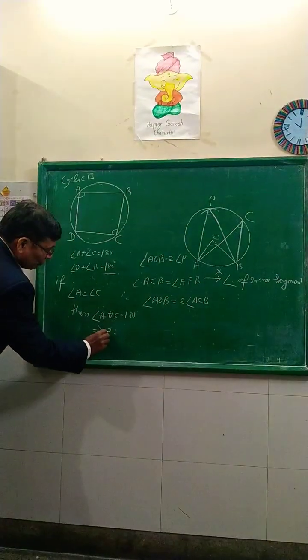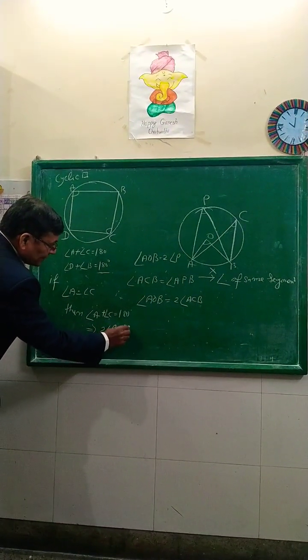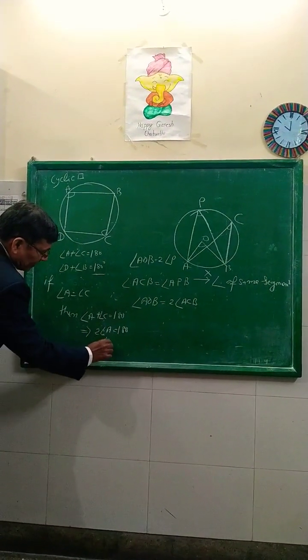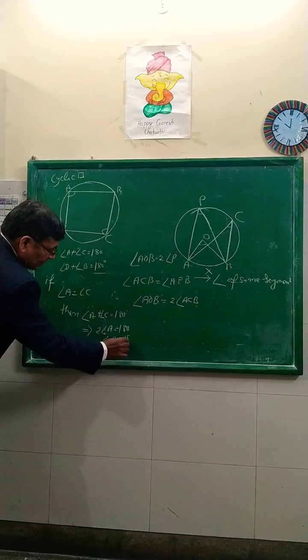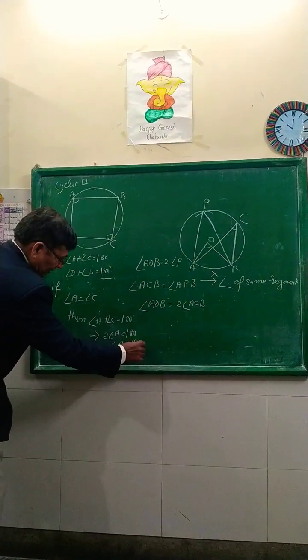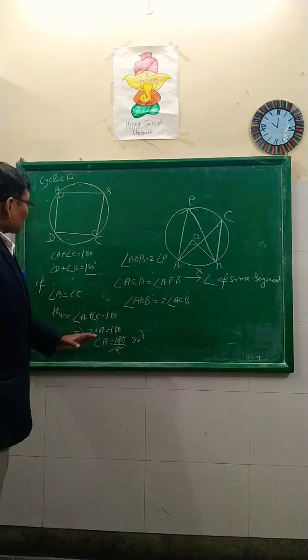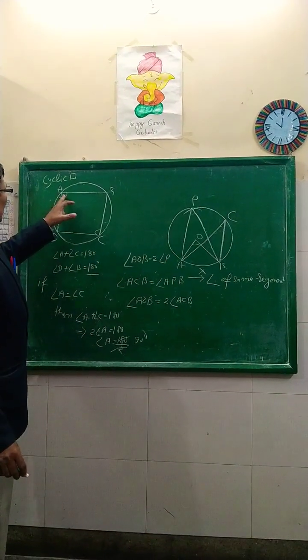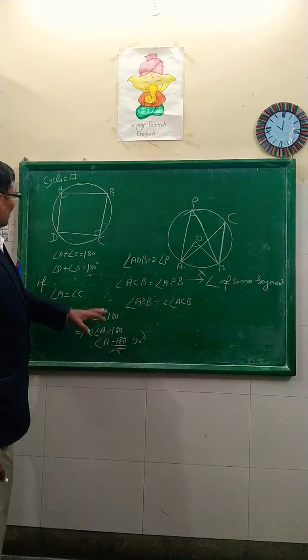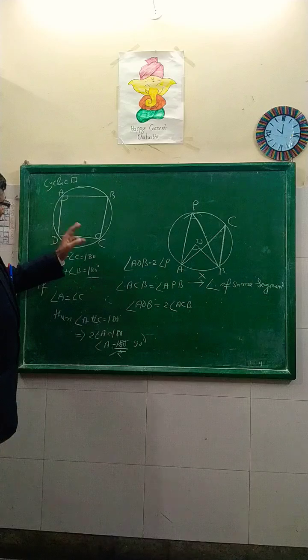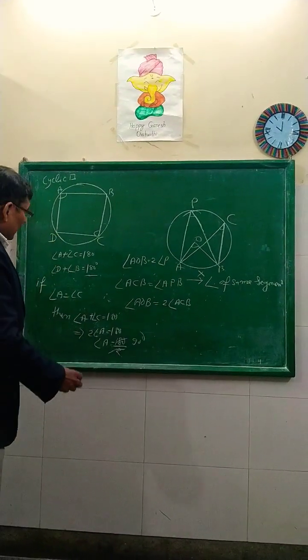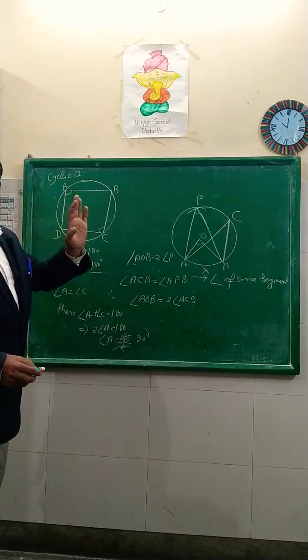That implies 2 angle A is equal to 180 degrees, and angle A is equal to 180 upon 2, which gives 90 degrees. Okay. So therefore, angle A is equal to angle C is equal to 90 degrees. And if angle D is equal to angle B, in the same way.